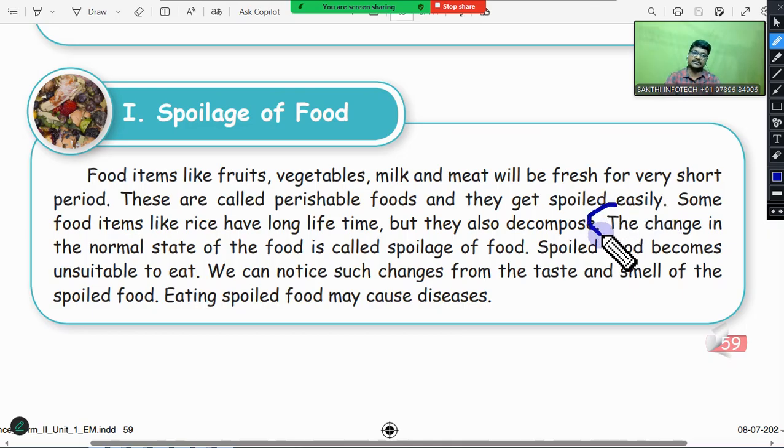Next sentence. The change in the normal state of the food is called spoilage of food. Say.